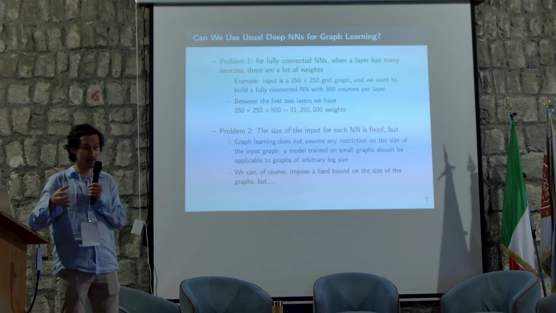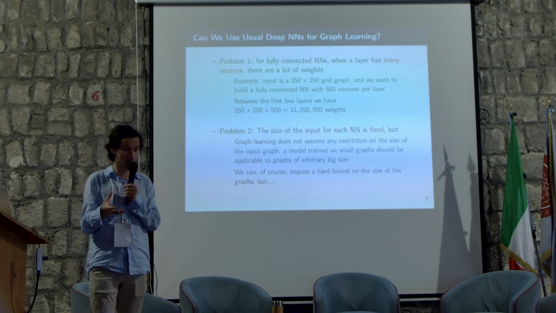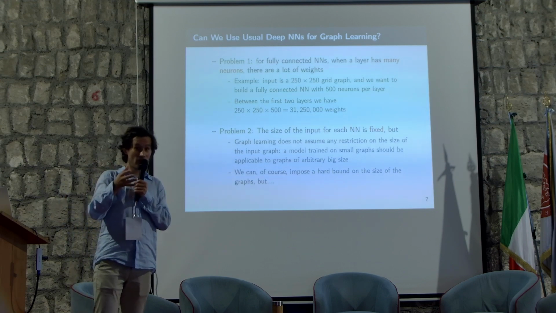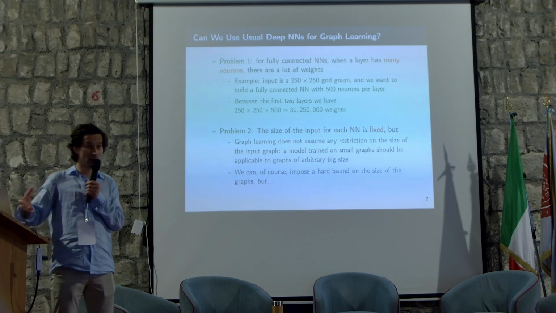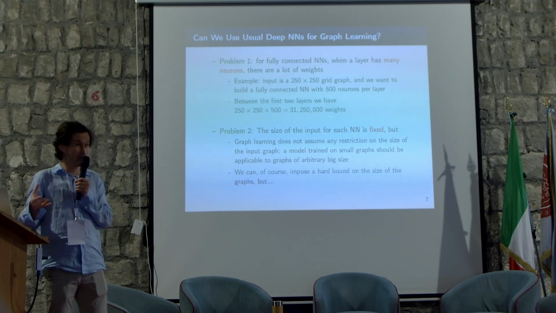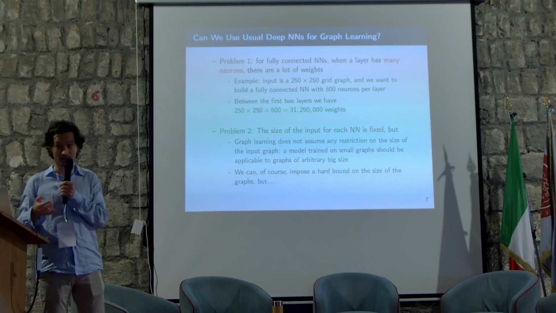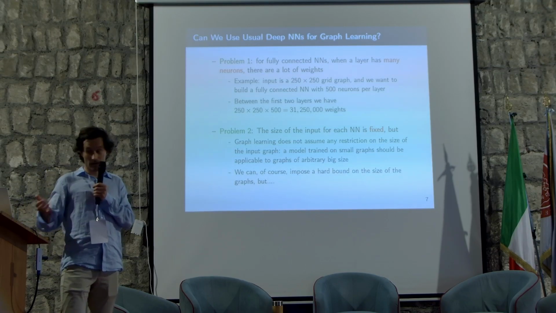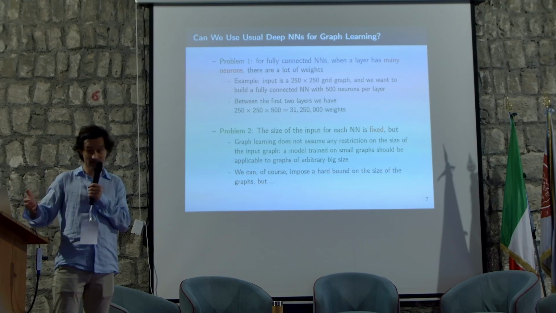This is a problem for deep neural networks because they have fixed-size input. If you train for vectors of size 25, it works for vectors of size 25. There are, of course, neural network models which work for different sizes, like RNNs, as Alessandro knows very well, or CNNs, convolutional neural networks. They work for images of arbitrary size.